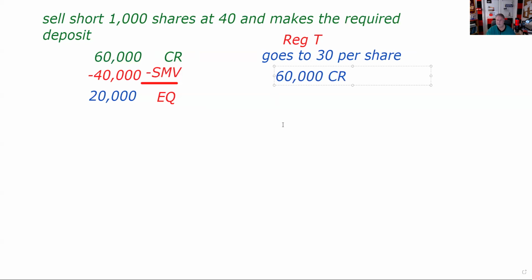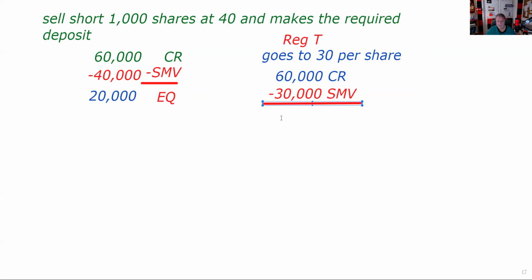You say, oh, where'd that come from? I go, remember, that's the 40 grand you got from selling the borrowed stock, plus the 20 you had to put with it. But if we went in the open market and bought back the borrowed stock and gave it back to the person we borrowed it from, we would only have to come up with $30,000 to do that. And so please note, you have made $10,000 from the stock going down.